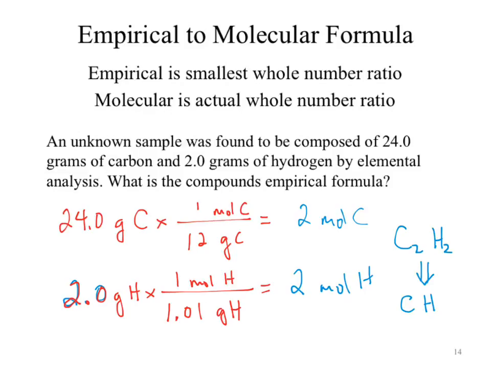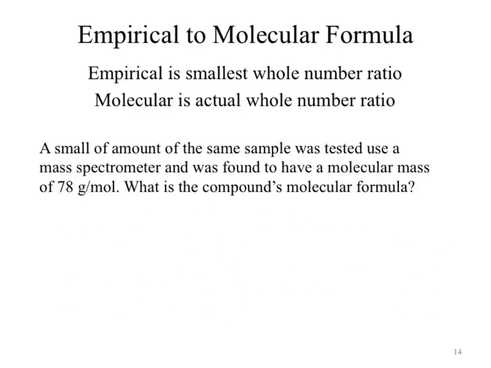Let's do the molecular formula. This same sample was found to have a molecular mass of 78 grams per mole. What is the compound's molecular formula? What did we say the empirical formula was? CH. And we talked about the steps for figuring out our molecular formula.